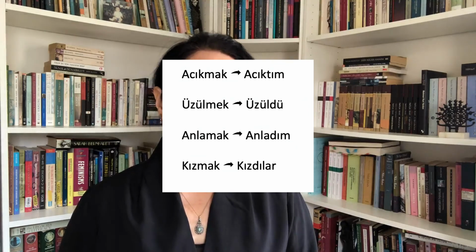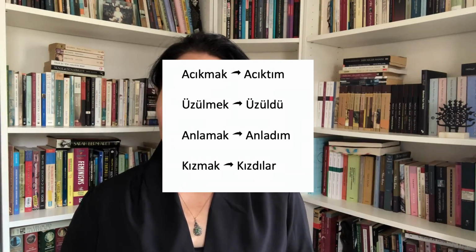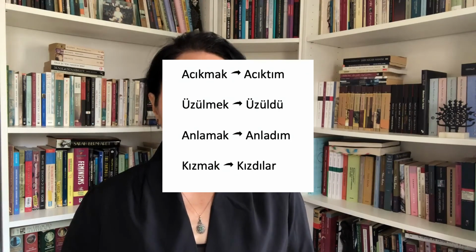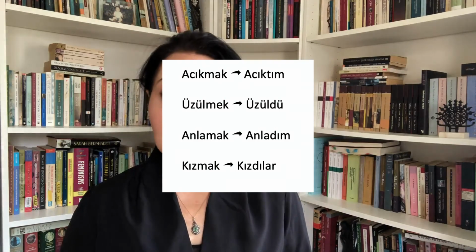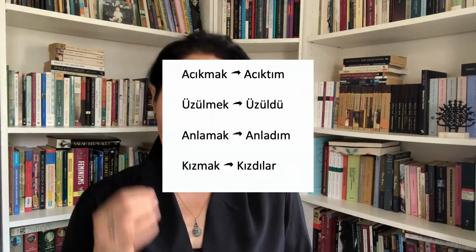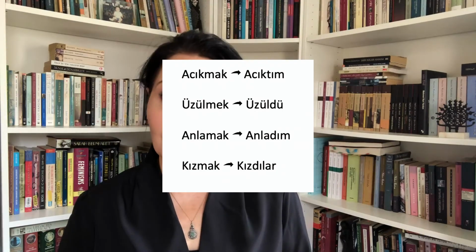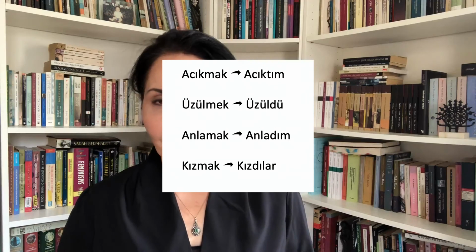Another one, üzülmek, to be sad. You say üzüldüm in Turkish. Anlamak, to understand. You say anladım. For the present states, present situations, you say anladım. Kızmak, to be angry.